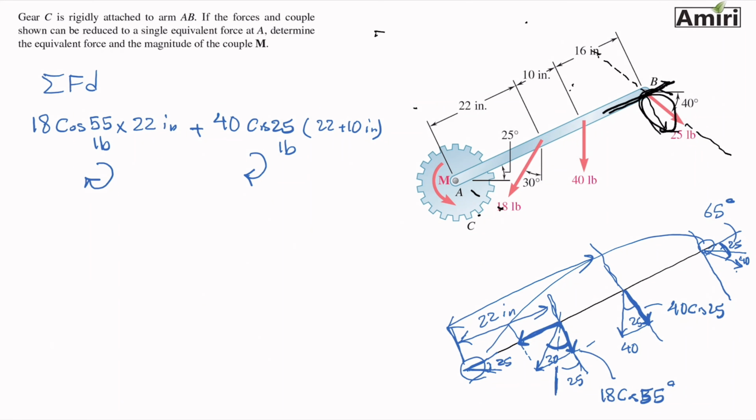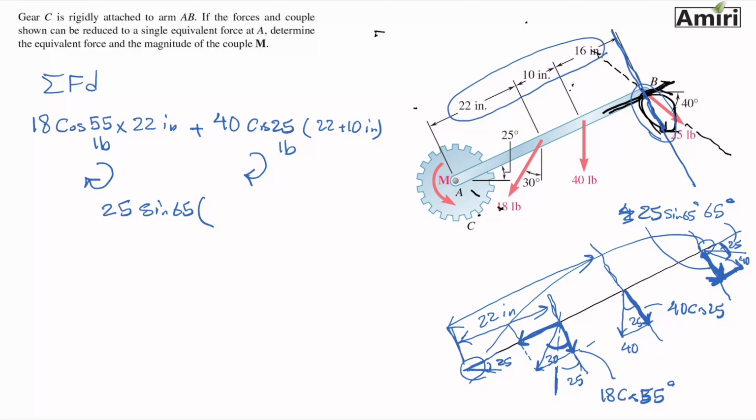So the perpendicular component, if I wanted to keep track of it, is 25 pound, and that will be sine of 65. So 25 sine 65. For the perpendicular distance, we're looking right here. That's the line of action, and this is the perpendicular distance. So we're looking at 22 plus 10 plus 16 inches. Keep track of the rotation of it this way.